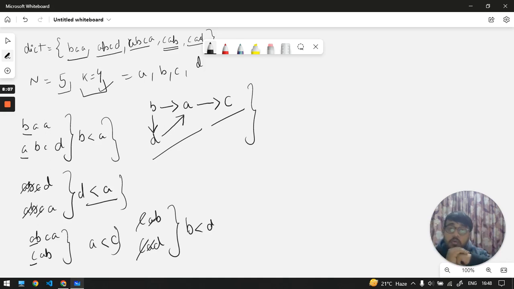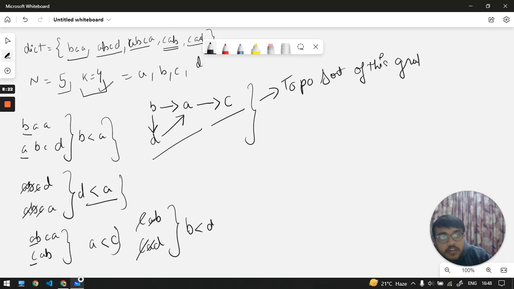Now if I try to find the topological sorting of this graph, the topo sort will produce the same output as we require, because it follows a certain order.